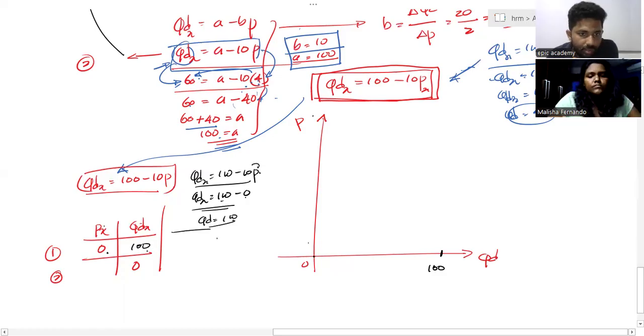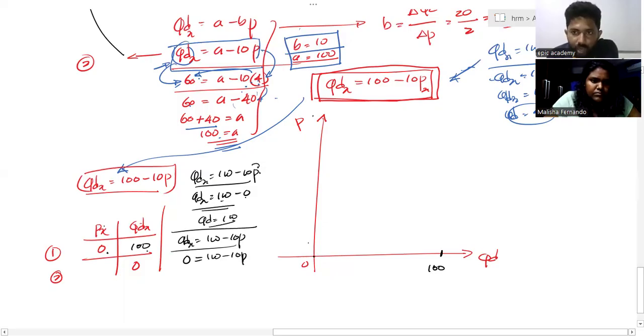So then next one is when QDX equals 0, what will happen to the P? QDX equals 100 minus 10p. So then we are going to assume that QD equals 0. Put the value 0 into 100 minus 10p. So change the direction of 10p.